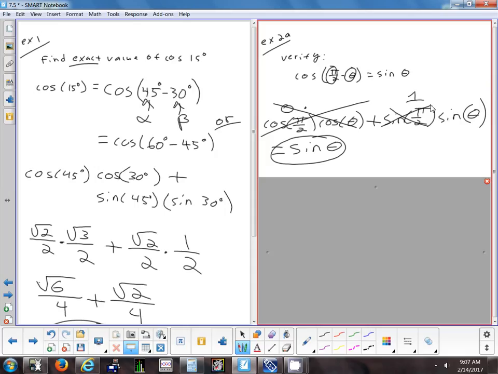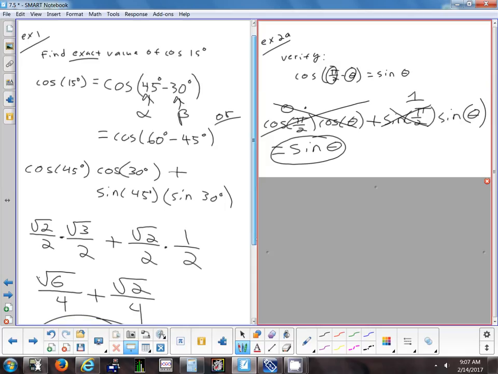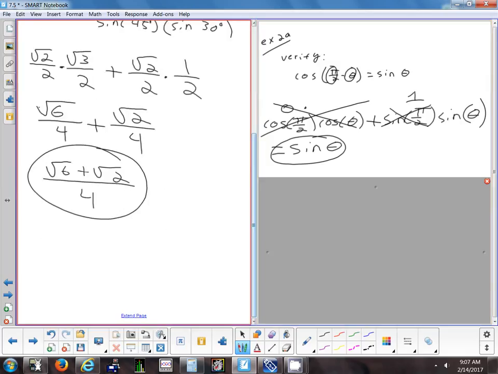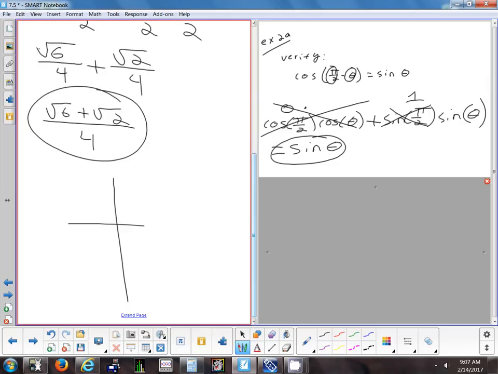Why is the cosine of pi over 2 0? And the cosine theta, why does it cancel the whole thing? To figure out why the cosine of pi over 2 is 0, that goes back to drawing our diagram. This is 0.